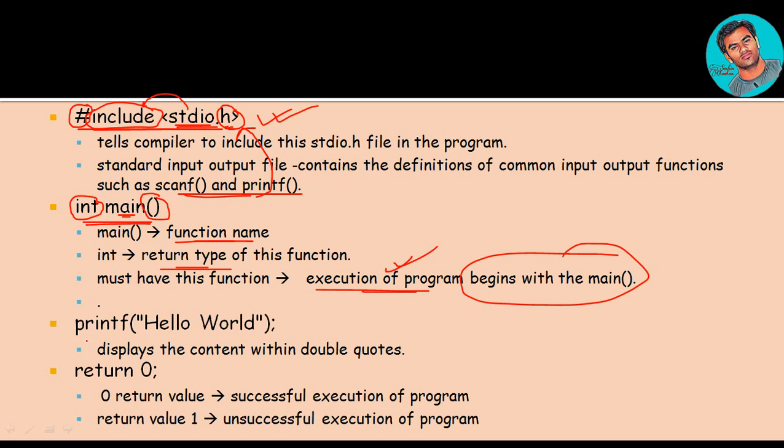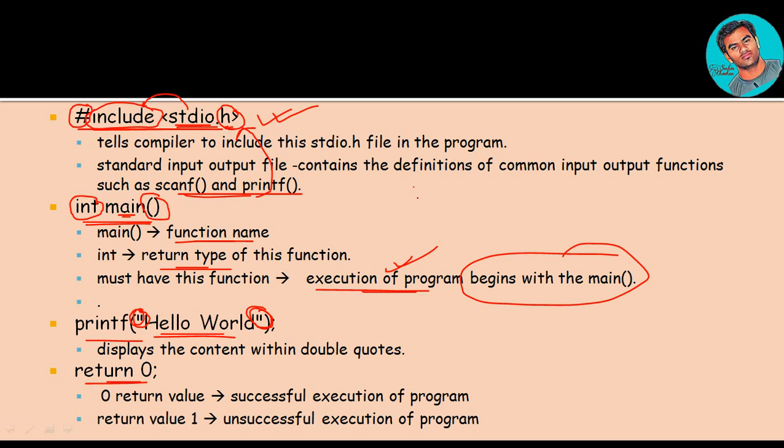Then there is a printf function, which executes or prints the hello world output, or any string output inserted in between opening and closing quotation marks. And at last there is a returning statement, return 0 and the semicolon.